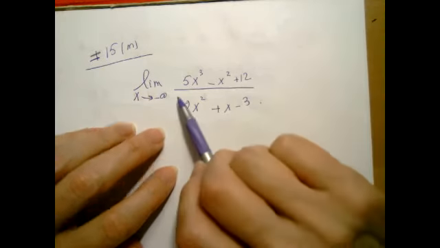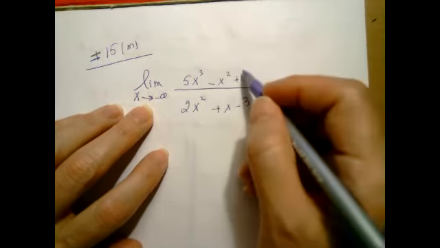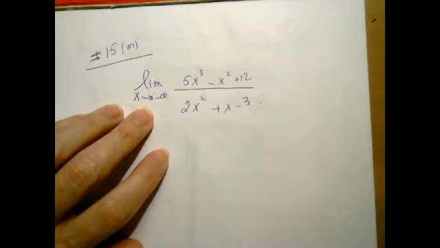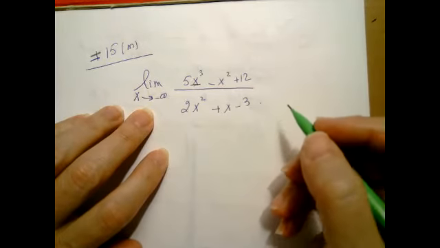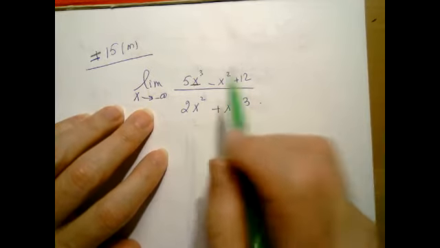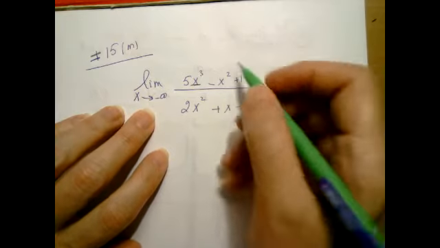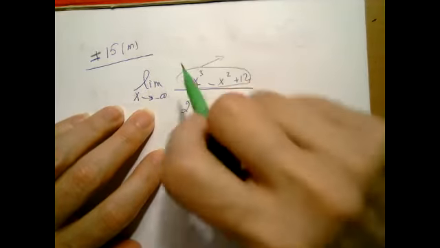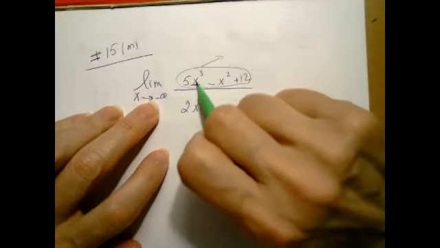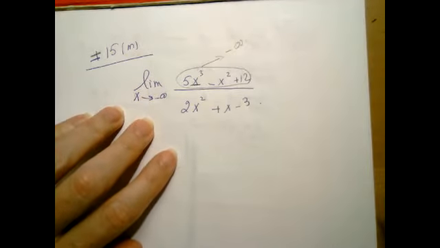You first analyze. So when x goes to minus infinity, my numerator, since x is very large, basically x cubed is going to take the lead and dominate the expression because it goes to infinity faster than x squared. Because it's x cubed, the numerator goes to minus infinity.